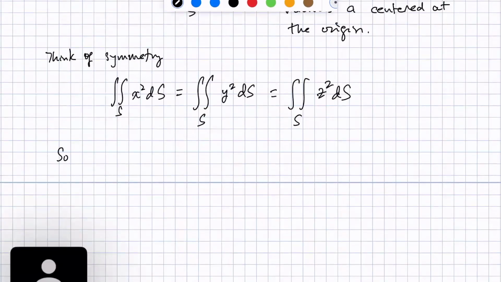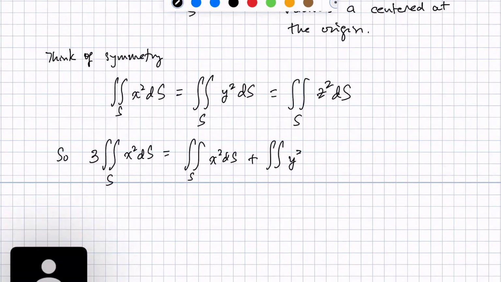So what I'm going to do is add these three things together. Basically, three of these is equal to x squared dS plus y squared dS plus z squared dS.